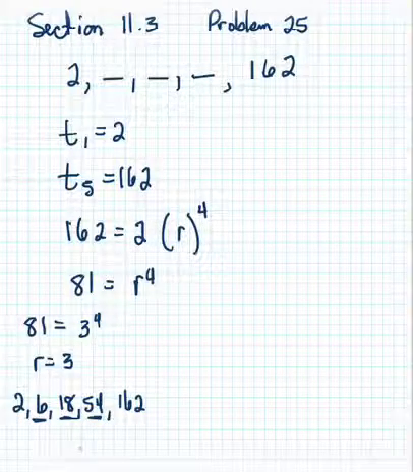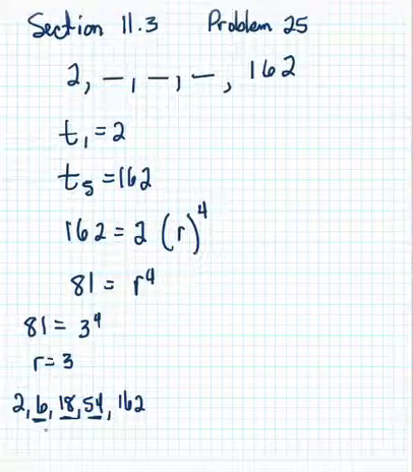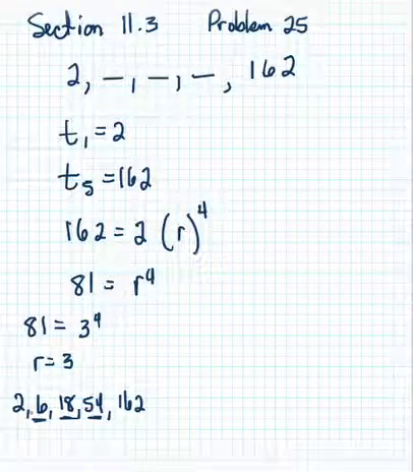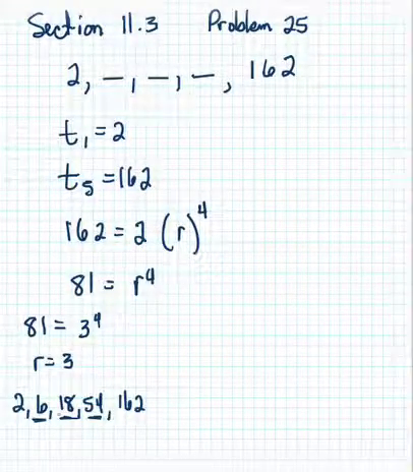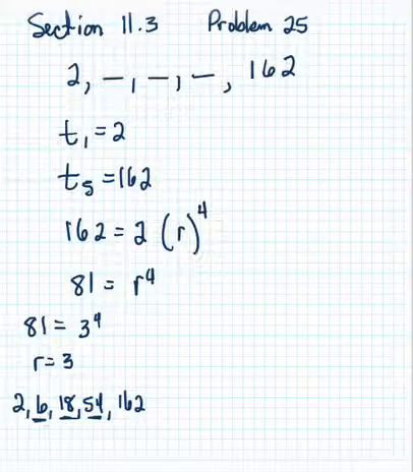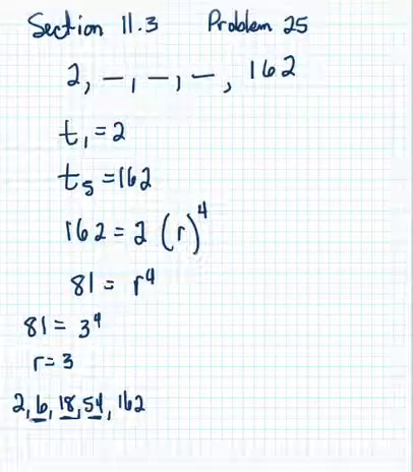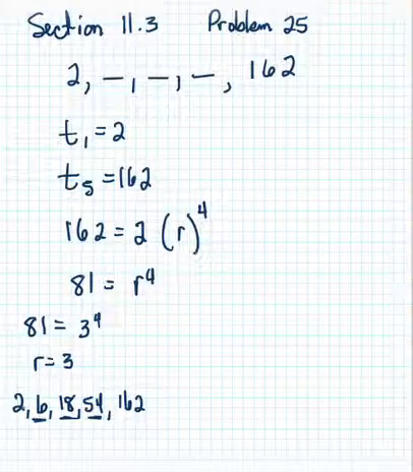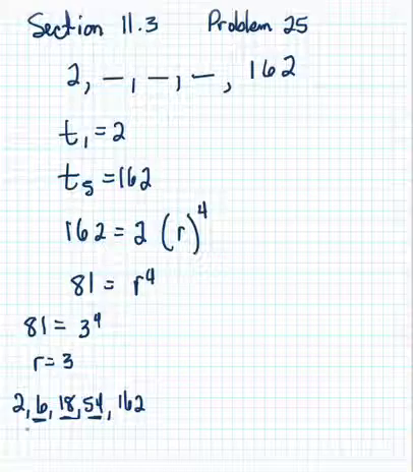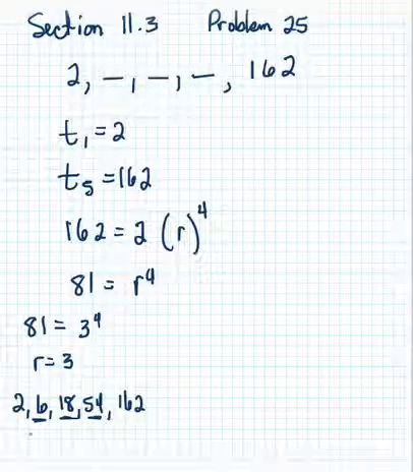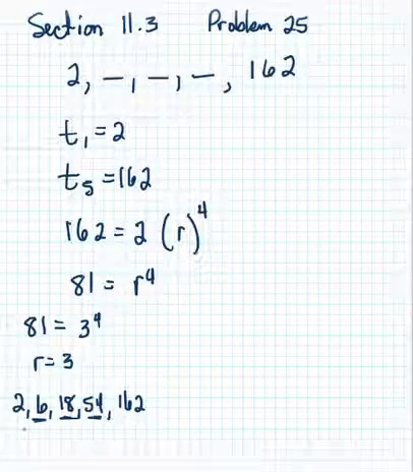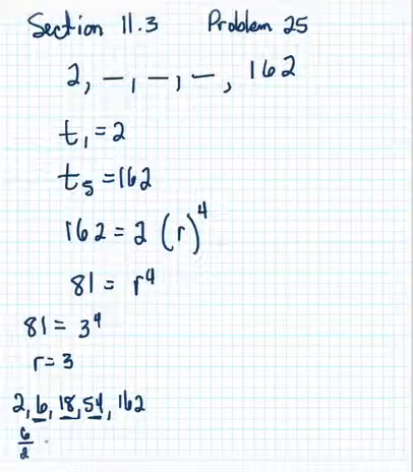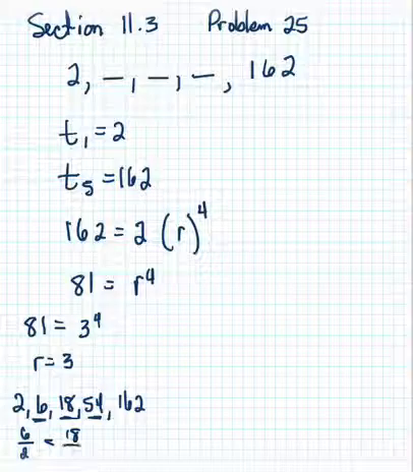Keeping in mind, the arithmetic mean between 2 and 18 would be 2 plus 18 divided by 2, which is 10. But the geometric mean is 6 because 6 divided by 2 is the same thing as 18 divided by 6.